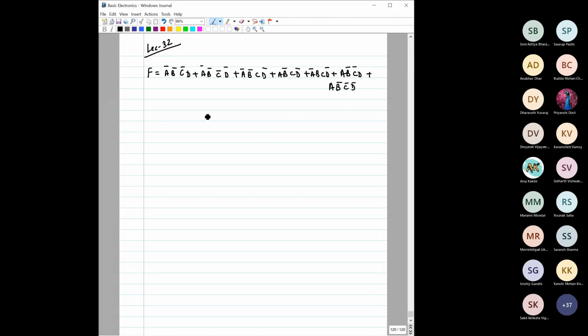It is clear from this expression that there are four variables A, B, C, D, so it will be a four variable Karnaugh map. The total number of boxes would be 2 to the power 4, that is 16. Let us draw that.